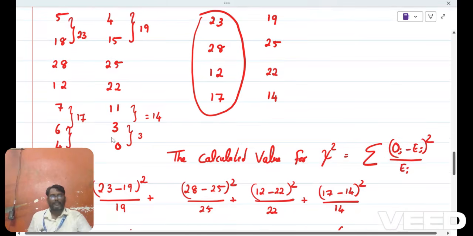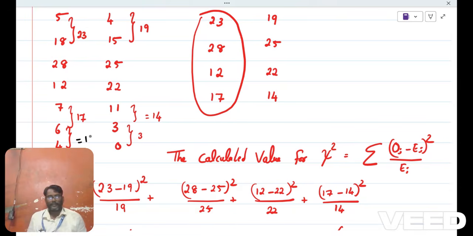Next, if we go for the last one, the observed frequency will be 10 after clubbing. But on the other side, if you club the expected frequencies, we get 3 plus 0 is equal to 3. Still it is smaller than 10. Again we have to club with the neighbor frequency. So we will get 11 plus 3 is equal to 14.